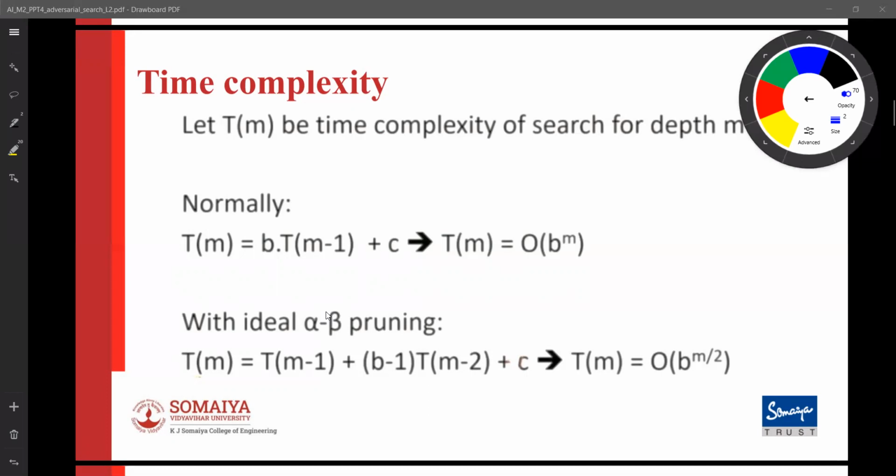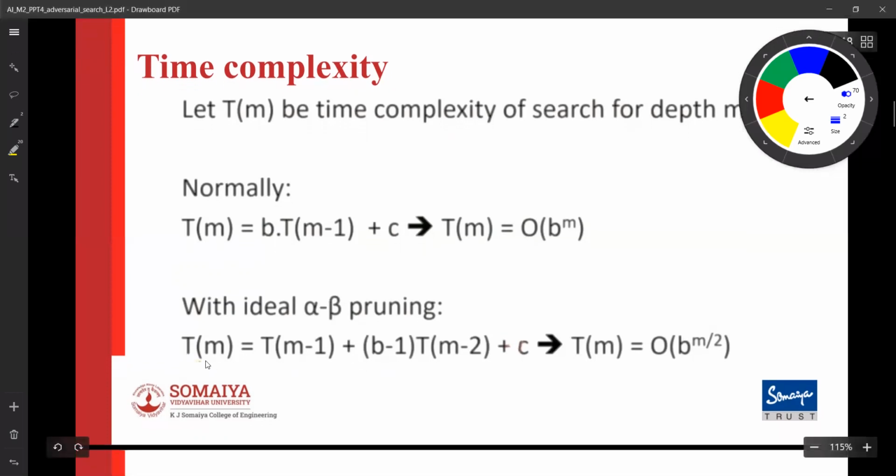Now with this intuition, I can tell you what is going to be the best recurrence relation for T of m. I only have to evaluate one of the children fully, and for the others only to a depth of m minus 2. So I get the recurrence relation T of m equals T of m minus 1 plus b minus 1 times T of m minus 2, plus some constant.